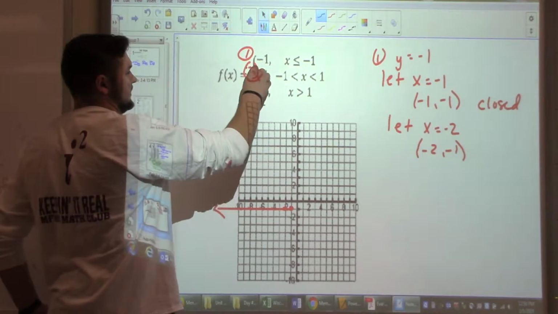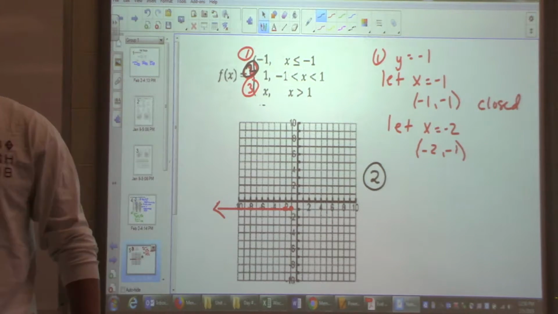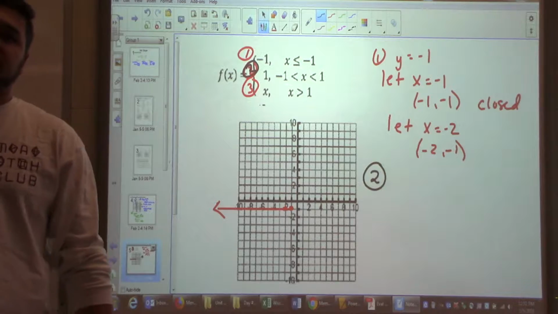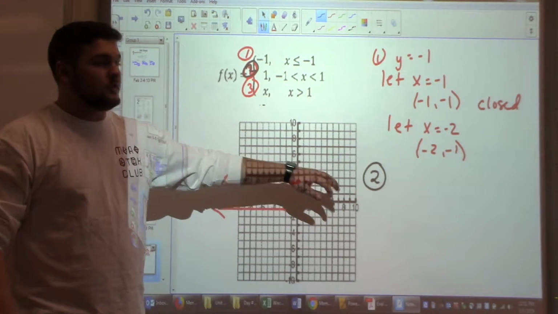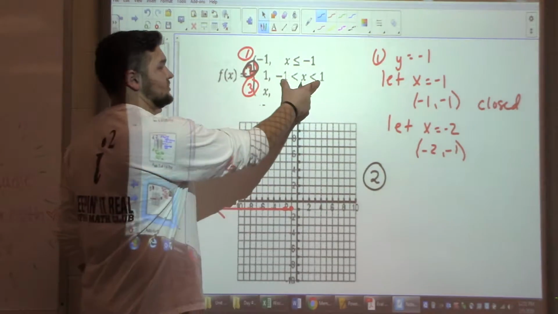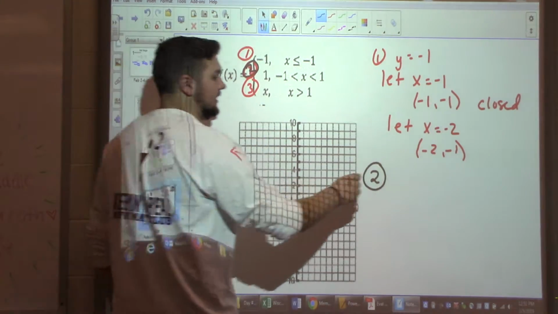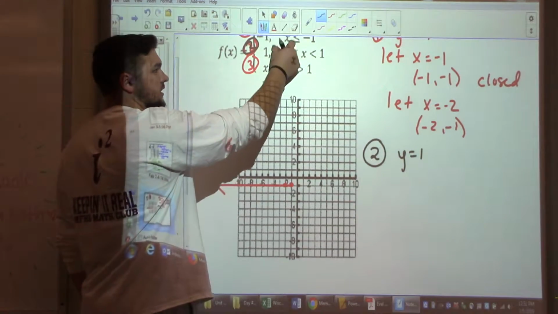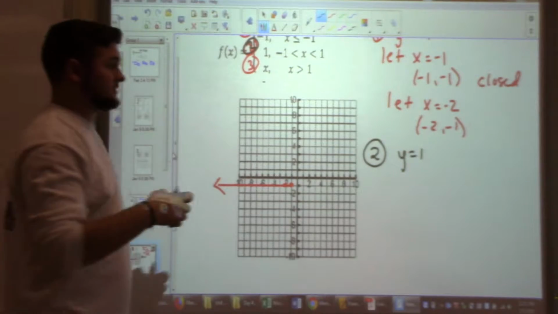The second part. The second part's where it's going to be different. The second part, I'm going to have 2 endpoints. So those are the 2 points I'm going to use. Normally we have 1 endpoint and then we have 1 to show us the direction. The second one has 2 endpoints here. It's got negative 1 and positive 1. So when I go to say y equals 1, I'm going to let x equal negative 1, and then I'm going to let x equal 1, because then I'm going to get the 2 endpoints for that piece.